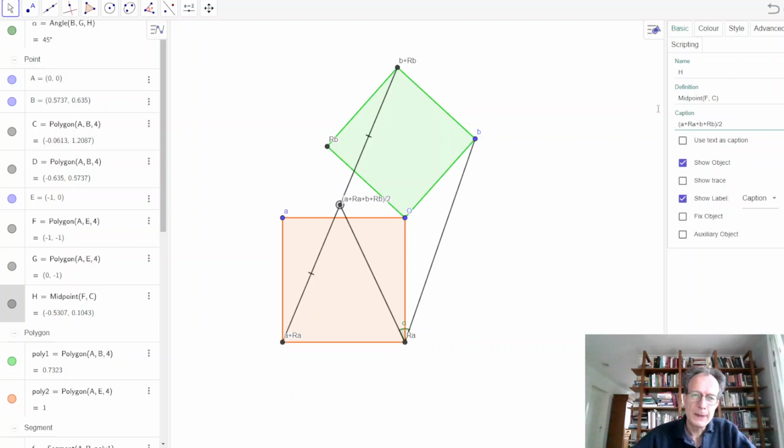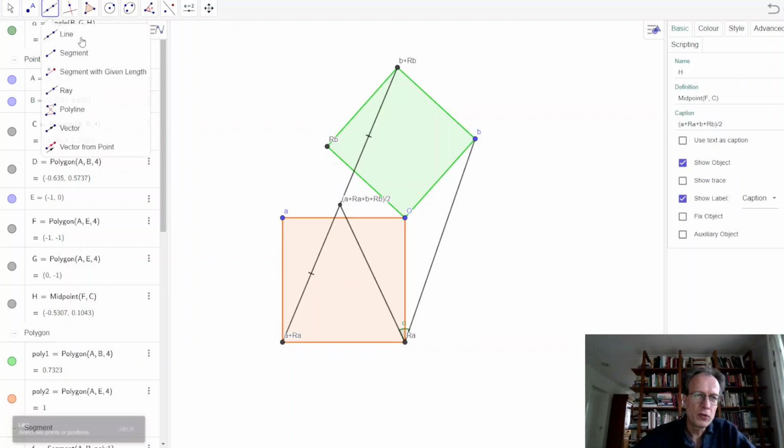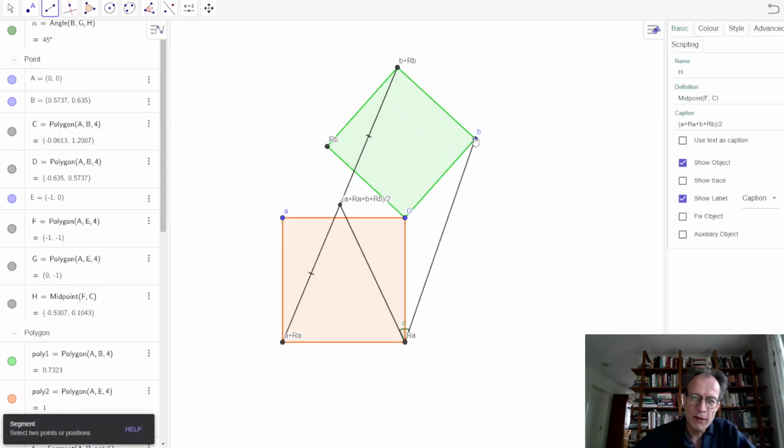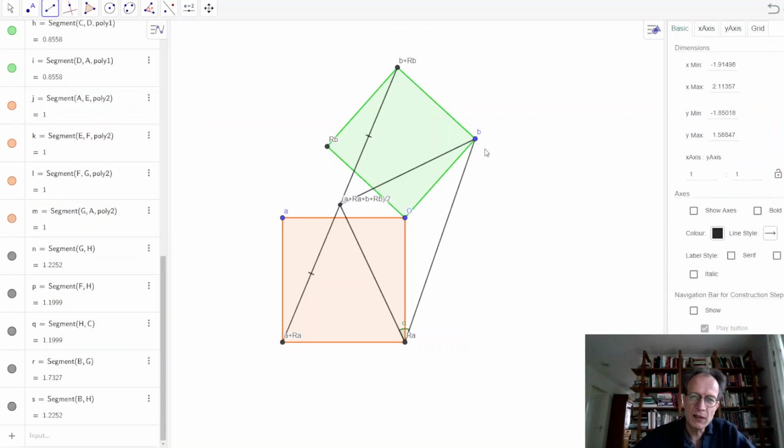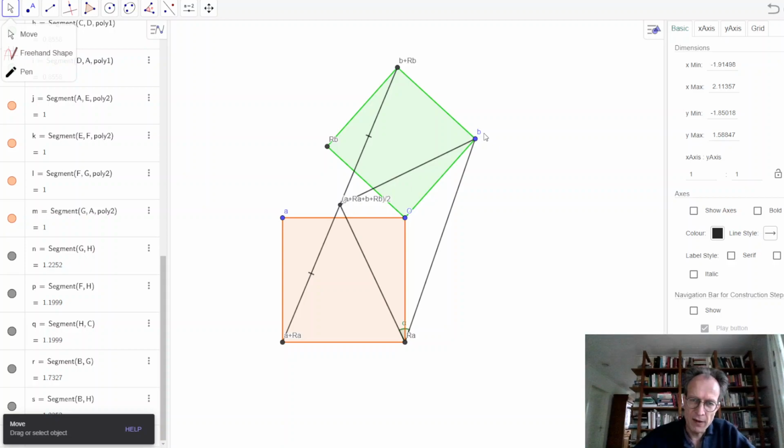Now, next thing to do is to draw the vector which connects these 2 points. So basically, this is the begin point and this is the end point. And what you know from vectors, you subtract this from that.